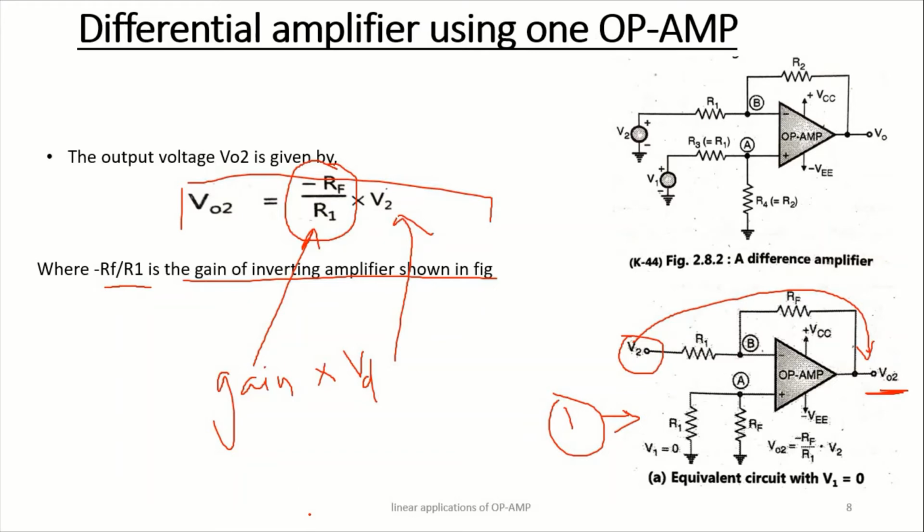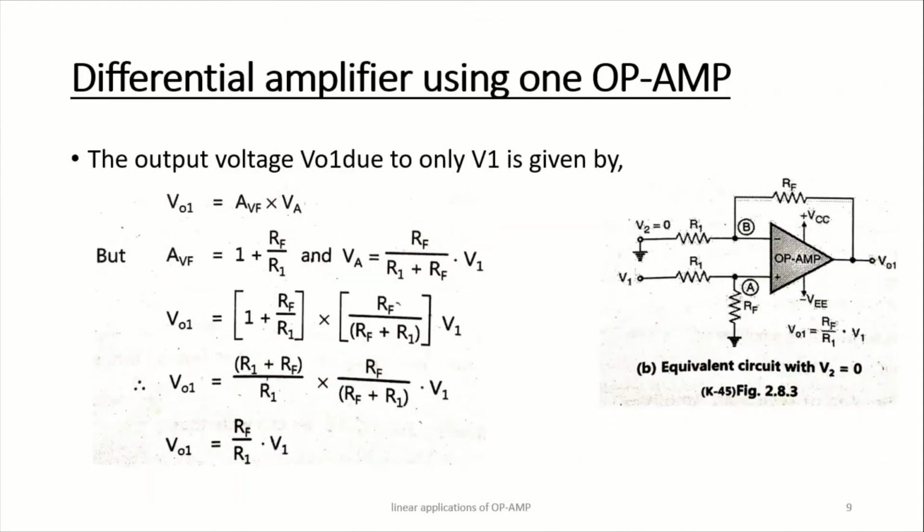Now the second case for the superposition theorem: only V1 is connected and V2 is at the ground potential. Assume that V2 is 0 and only V1 is connected. That means V2 is short circuited to the ground.